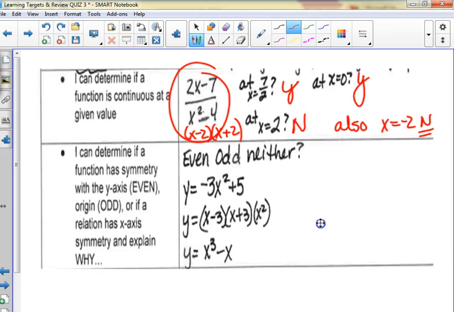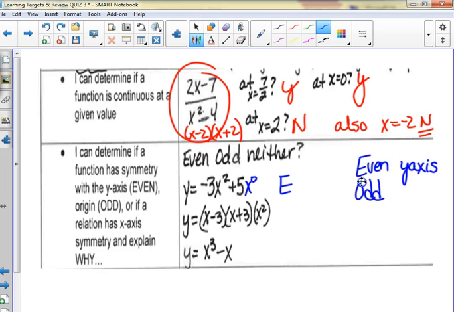Even, odd, or neither? What's your best bet? Graph them? Yes. This does have an x to the 0, so both exponents are even. What does it mean to be even or odd or neither? You gotta know that. Even is y-axis symmetry.